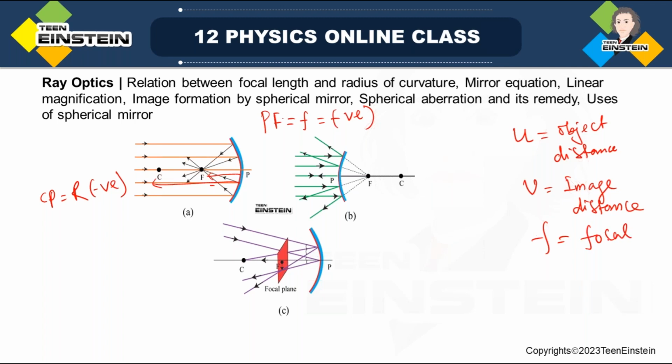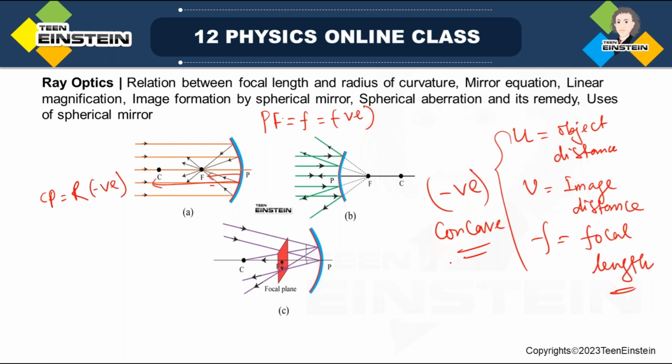These are three fundamental parameters to analyze image formation in case of mirrors or lenses. There will be something called the mirror equation, in which they are related in a particular fashion. We will learn that. In case of a concave mirror, all these parameters will be negative.